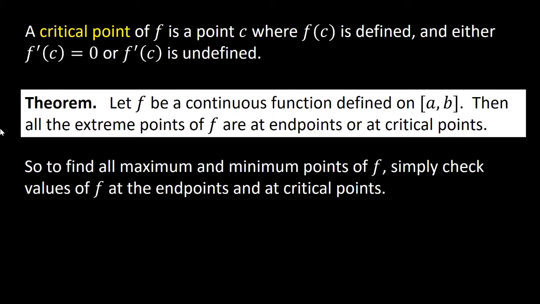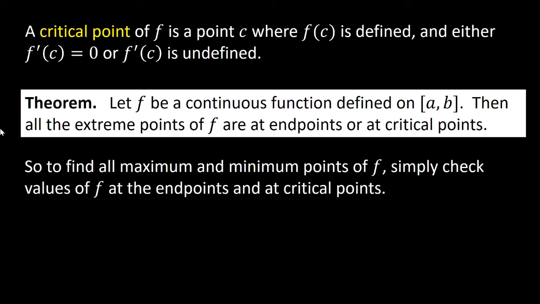They are candidates. The theorem is that if you have a continuous function on a closed interval, you already know in that case that you're going to have max and min values for the function. How do you find them? Well, this is telling you how. All the extreme points are to be found among either the endpoints or the critical points of the function.